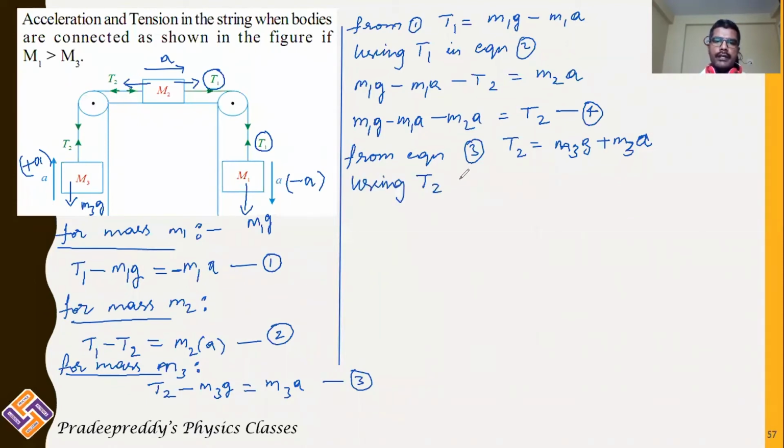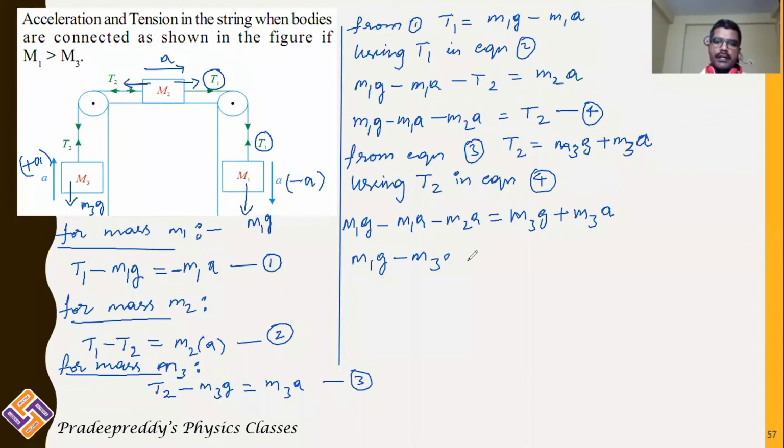Take this T2 and substitute in equation 4. I can write m1g minus m1a minus m2a is equal to m3g plus m3a. Bring all the a terms to one side and g terms to the other side: m1g minus m3g is equal to m1a plus m2a plus m3a.